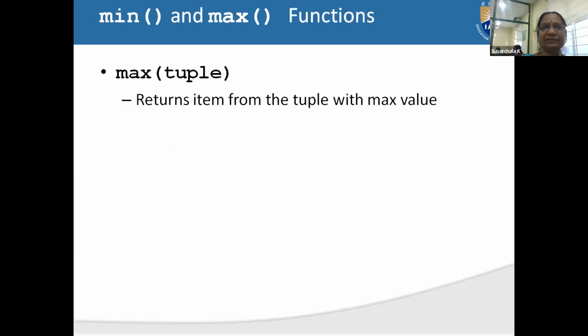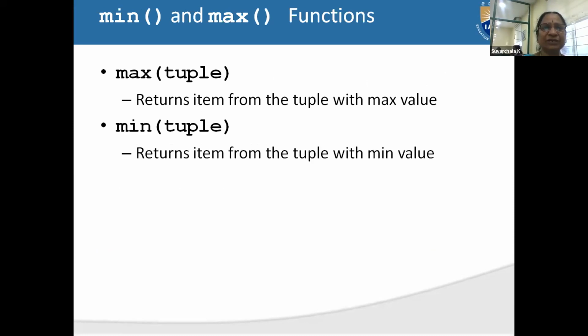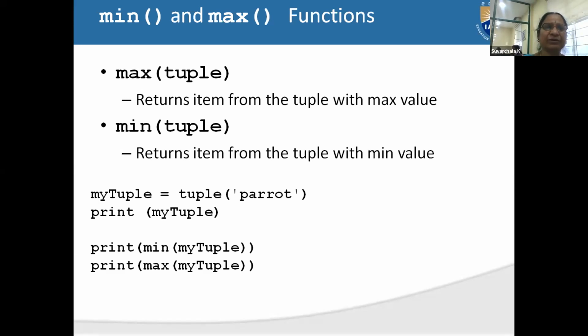Min and max functions. Maximum of a tuple returns the maximum value of the tuple. Minimum of a tuple returns the minimum value of the tuple. For example, my tuple is equal to tuple of parrot. So print my tuple. Tuple of parrot, when you convert a string into a tuple, I already showed you: P, A, R, O, T. Minimum means the minimum value among all of these, and maximum is the maximum value.